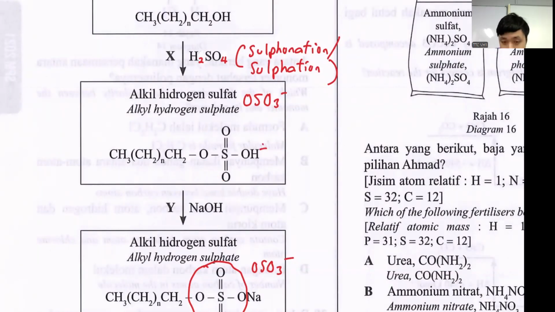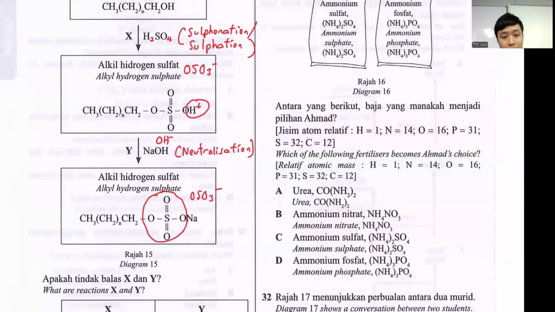Then you react this alkyl hydrogen sulfate with sodium hydroxide. Actually, this part has H plus. H plus reacts with OH minus from sodium hydroxide. This is neutralization. So to produce detergent, you have 2 processes: first is sulfation, second is neutralization.